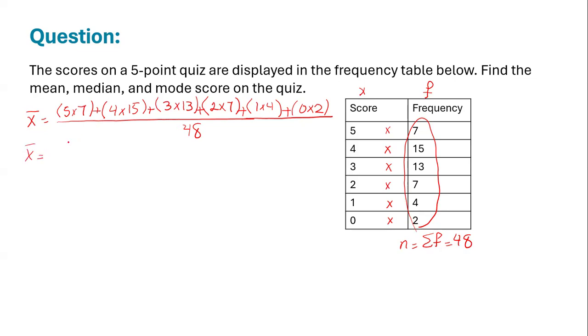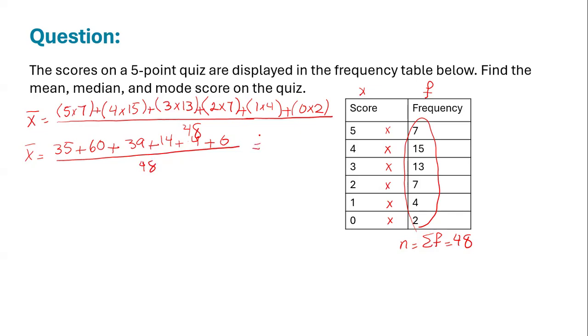Okay, now let's multiply those numbers. 5 times 7 is 35. 4 times 15 is 60. 3 times 13 is 39. 2 times 7 is 14. 1 times 4 is 4. And 0 times 2 is 0. And add these numbers together, divide by 48.